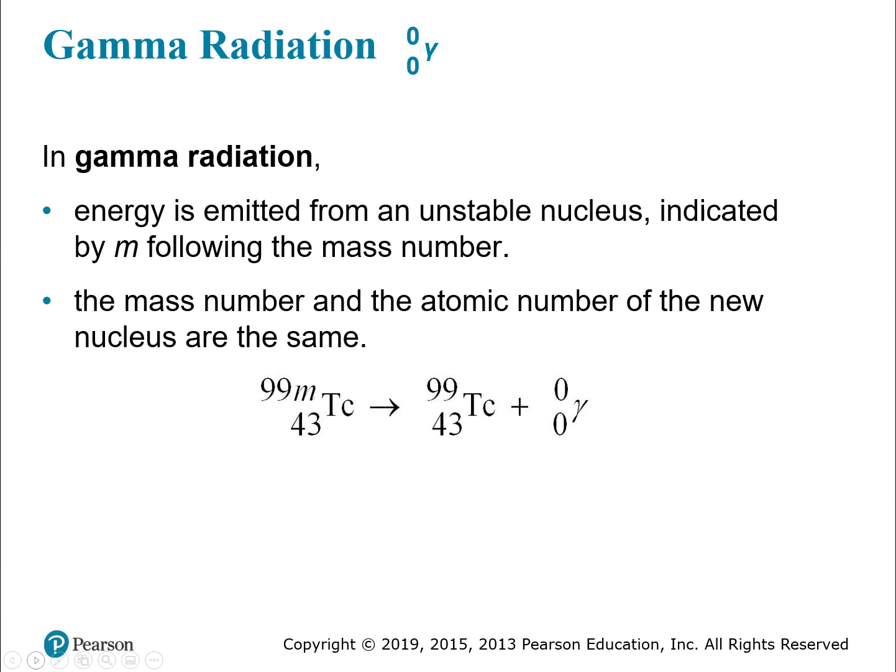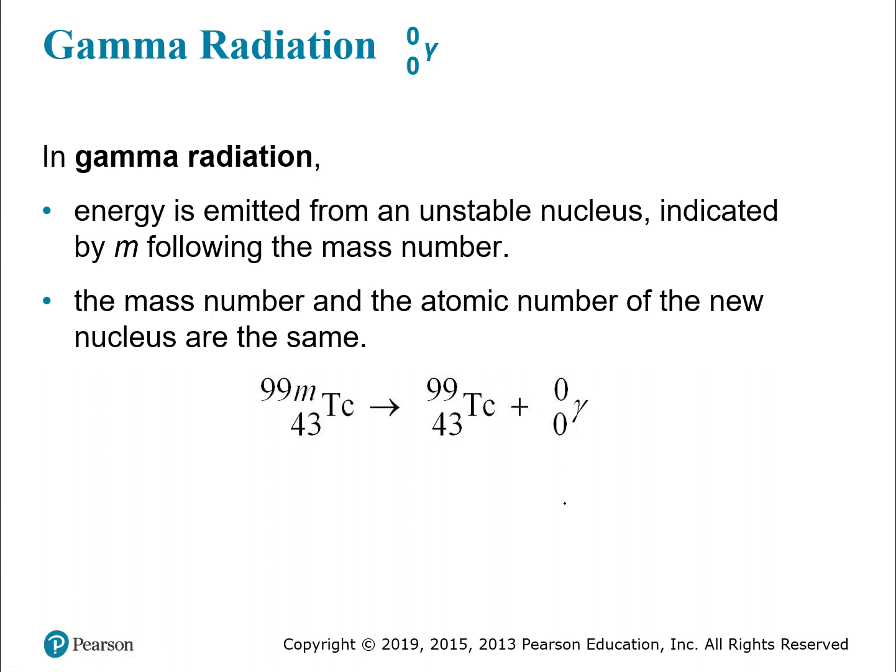Next, we'll cover gamma radiation. This is the easiest one. With gamma radiation, energy is emitted from the unstable nucleus, and that energy is indicated by an M following the mass number. The mass number and atomic number of the new nucleus are the same, so the element does not change.